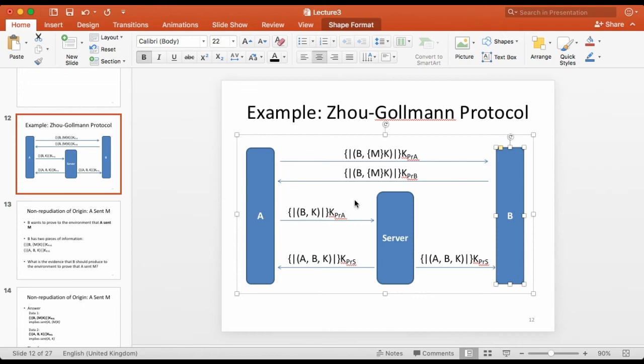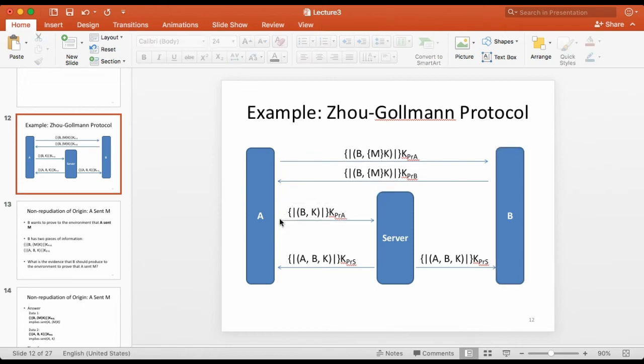Now, once A receives the second message, it then constructs this third message as follows. It takes B's name and the key K, and it signs those two elements and sends them to the server.